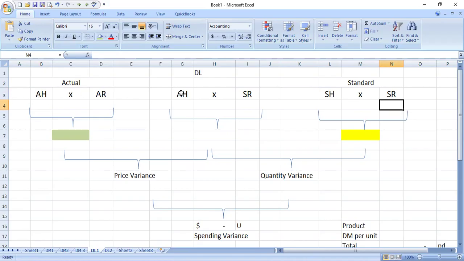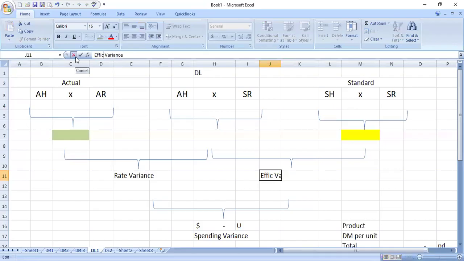Hours, rate, hours, rate. So now we're not going to have a price variance anymore. We're going to have a rate variance. Price is going to disappear. It's going to be rate only. And instead of quantity, we're going to have efficiency. Efficiency variance. And that's where we are.